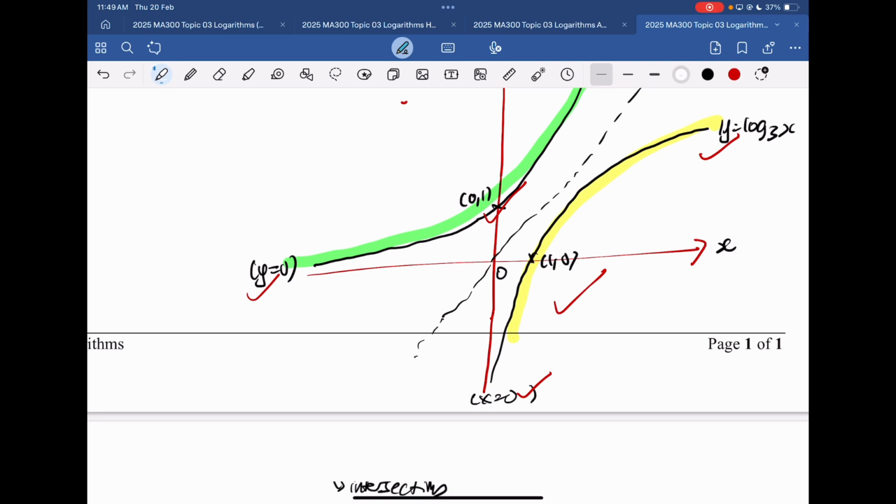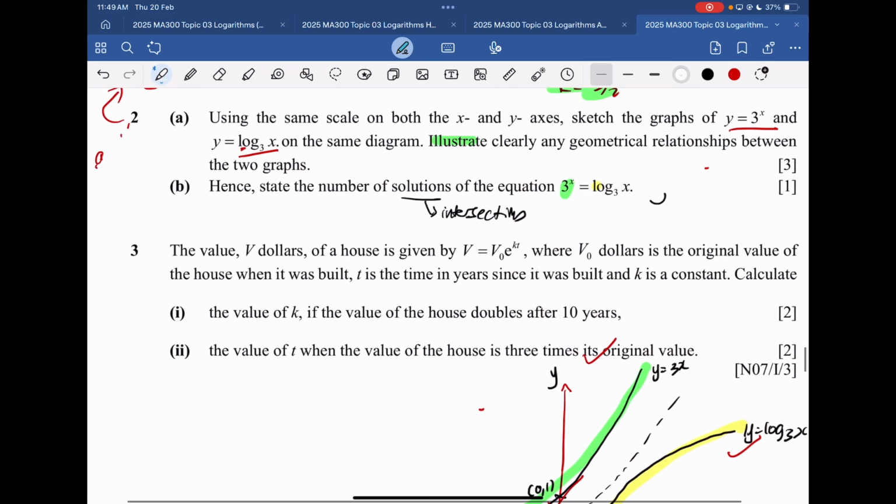So basically there's no intersection. There is no solution. Simple idea, there is zero solution.